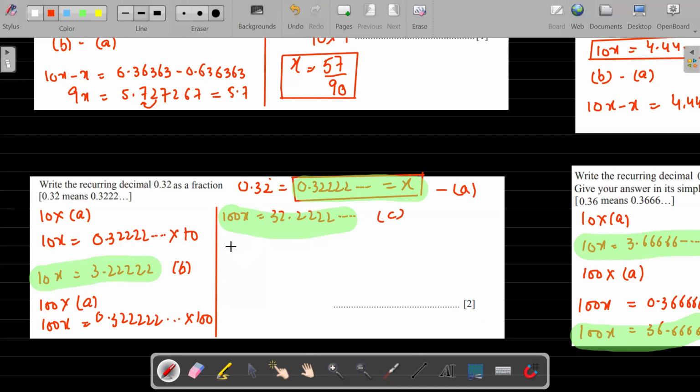I will subtract B from C. Now subtract equation B from equation C. And I will get my answer as 100x minus 10x equals 32.2, and so on, minus 3.2, and so on. Let's subtract it.